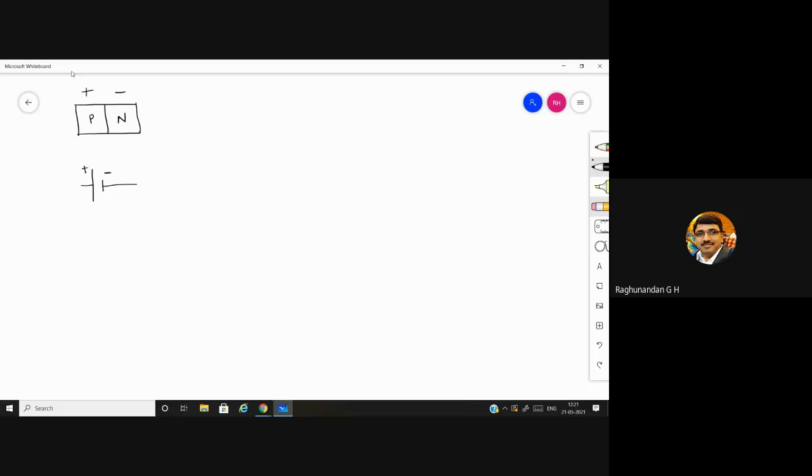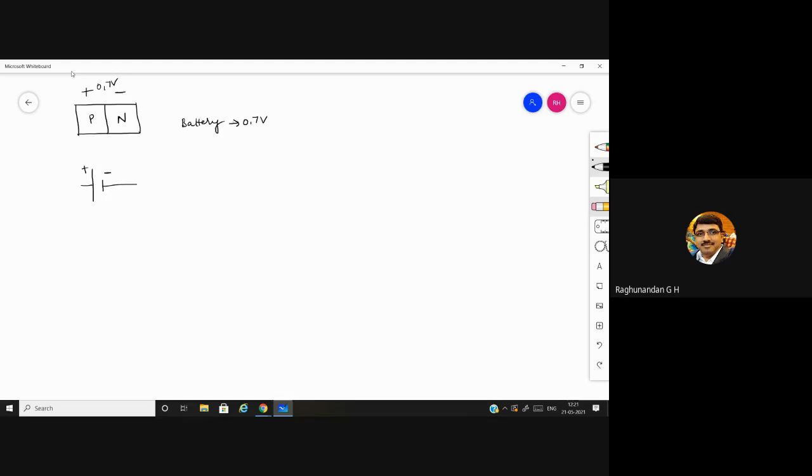This is the positive terminal, here also we have a positive terminal. This is the negative terminal, and this is also a negative terminal. So can we say that the PN junction is also acting like a battery? Positive plate, positive, negative, negative, and it is also giving 0.7 volt. So the PN junction is going to act like a 0.7 volt battery.